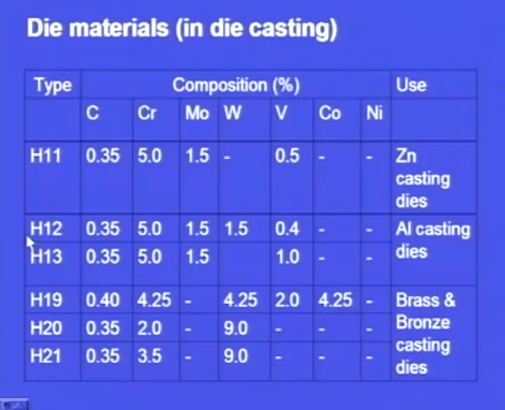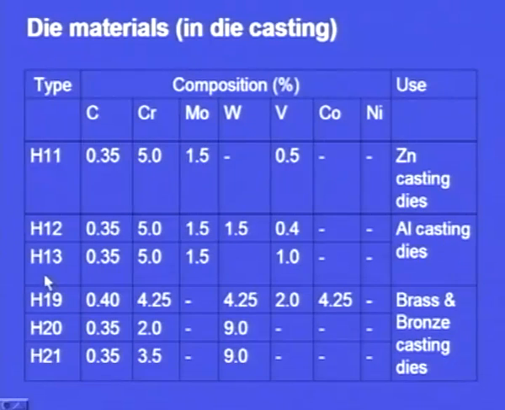Of course, the balance material will be iron here. And there is another steel, H12 steel, and the carbon is 0.35, chromium 0.5, molybdenum 1.5, tungsten 1.5, vanadium 0.4, and the rest is iron. This H12 material is used for making the dies for aluminum castings.